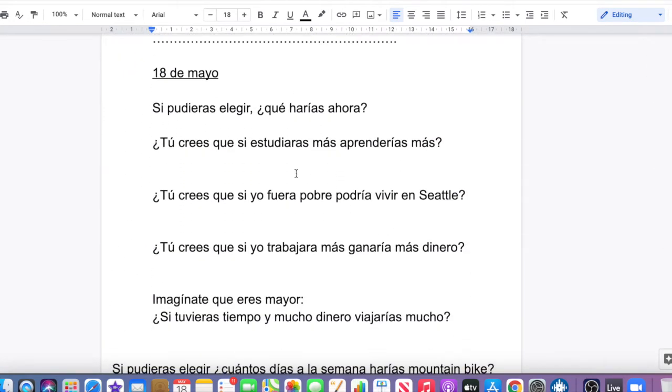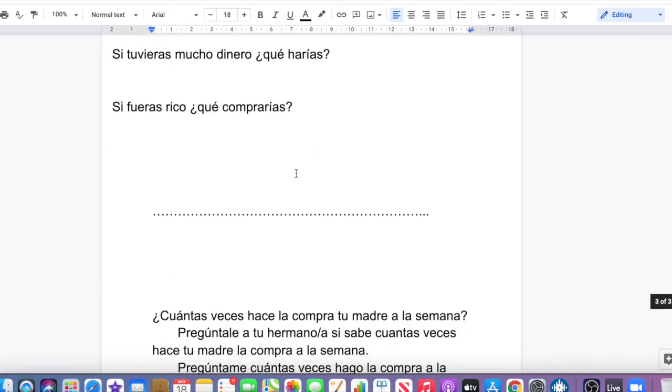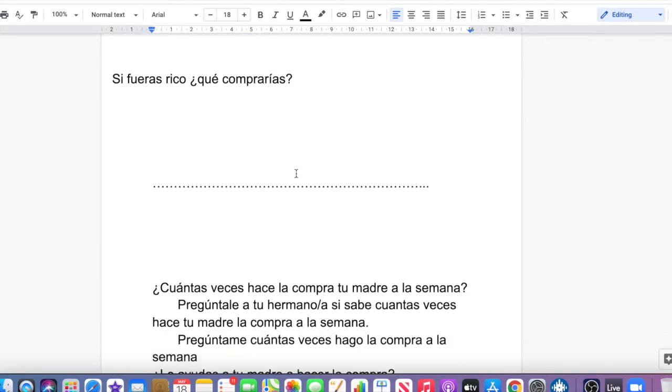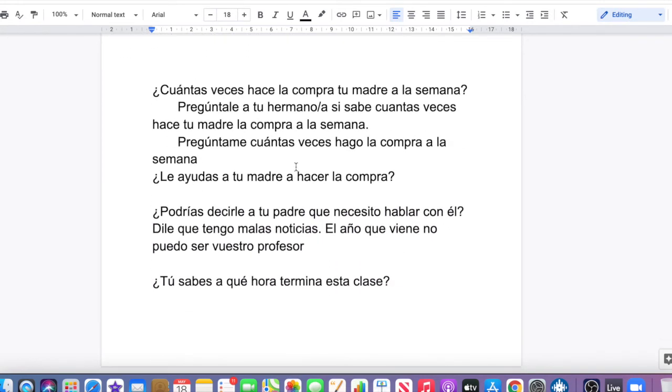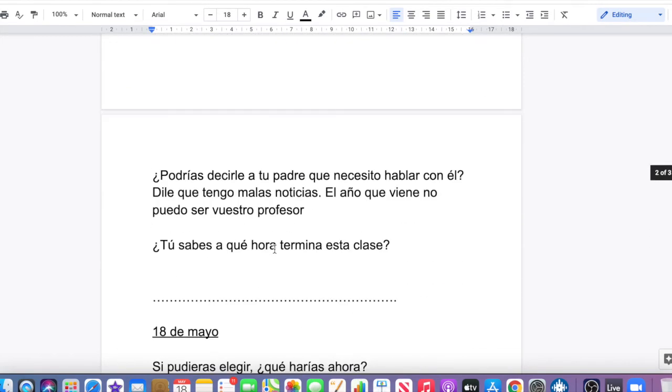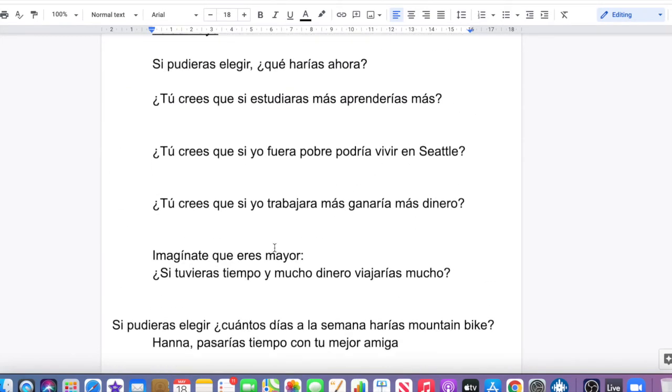We have to keep creating more questions as the level of the Spanish of our students grows. The more their knowledge grows, we need to develop more questions. These were the questions for today. For example, I think I did these ones today.